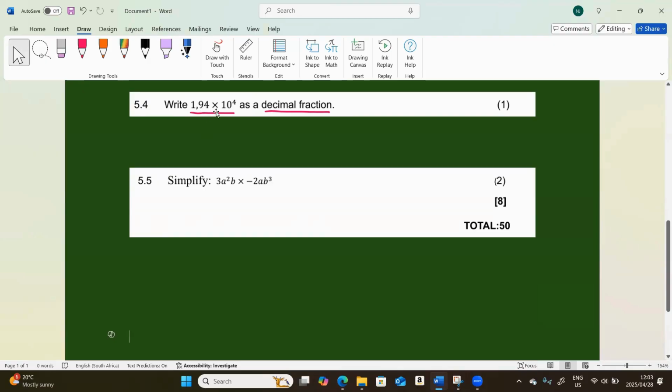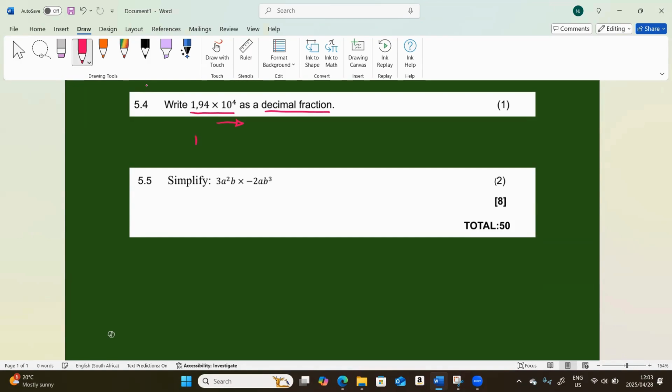All you have to do is multiply with 10 to the power of 4. Can you see when our power is positive, we are moving to the right. So it's the opposite of what we did in 5.3. When the power of 10 is negative, we will be moving to the left. When the base of 10's power is positive, we'll be moving to the right.